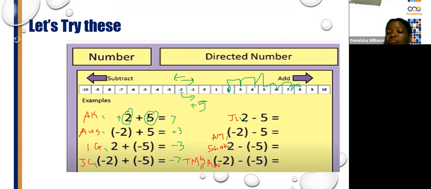Next item, we have +2, take away 5. Using the number line once more, you are at +2 and you're subtracting a +5. You will just continue with your subtraction. That takes you to a -3.